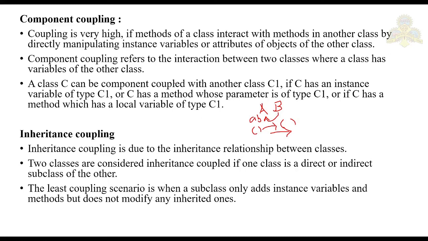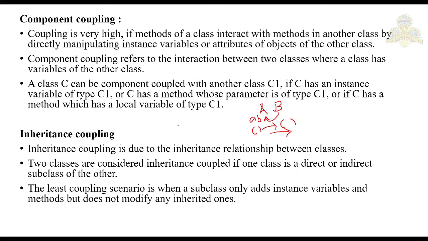Another example: a class C can be component coupled with another class C1 if C has an instance variable of type C1, or C has a method whose parameter is of type C1, or if C has a method which has a local variable of type C1. I have given you an example of two classes A and B; here they have taken the class names as C and C1.